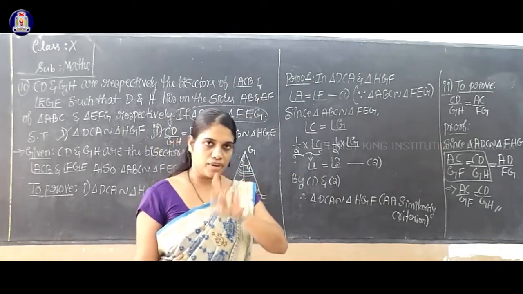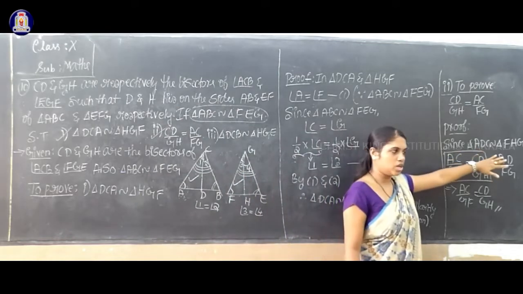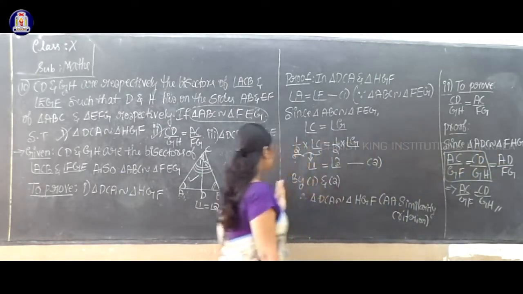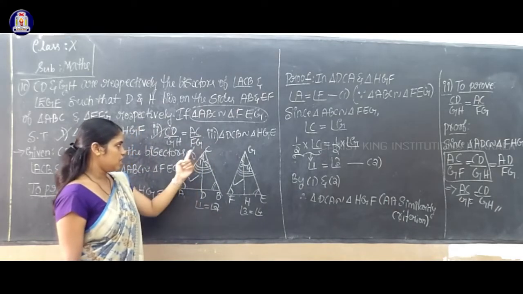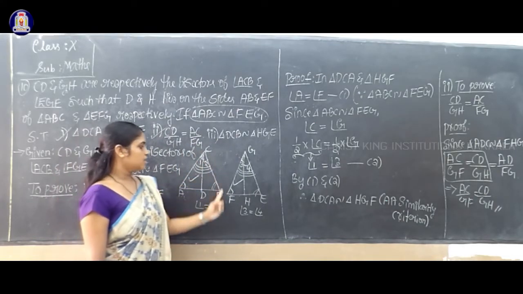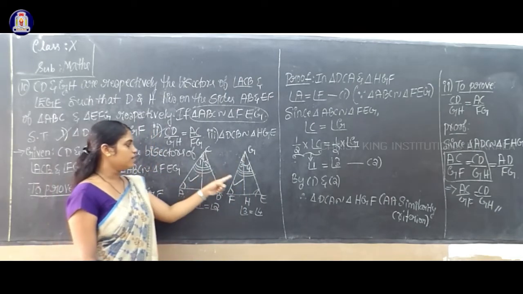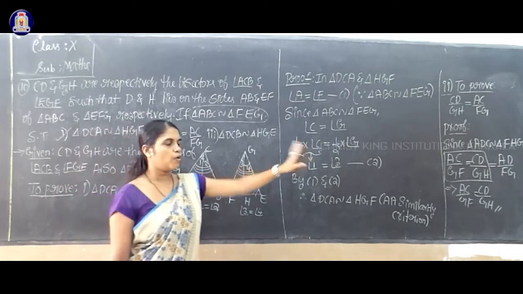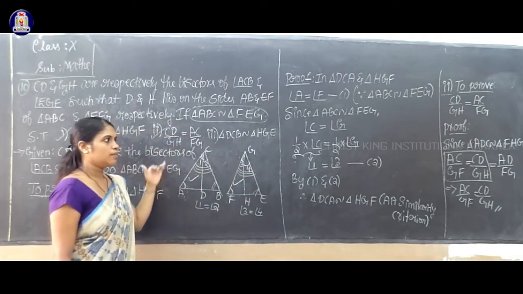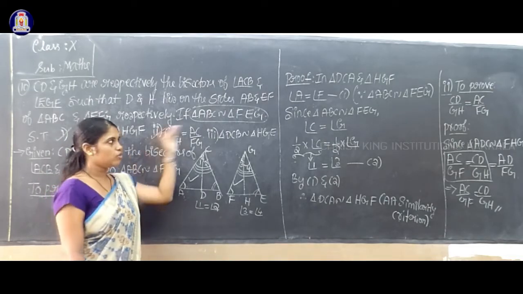So I will write the corresponding sides of these two triangles, ADC or CDA, and FHG or GHF. Already we proved these two triangles are similar, so therefore corresponding sides are proportional. This is the solution for question number 1 and question number 2.